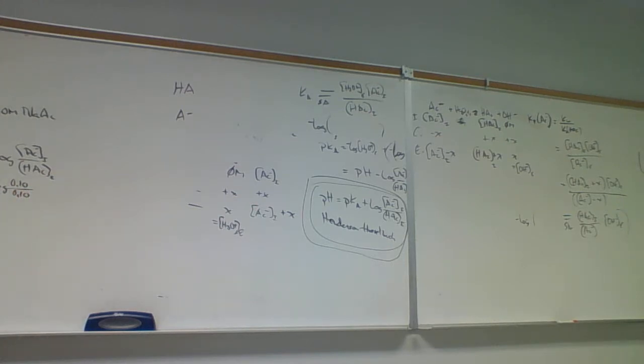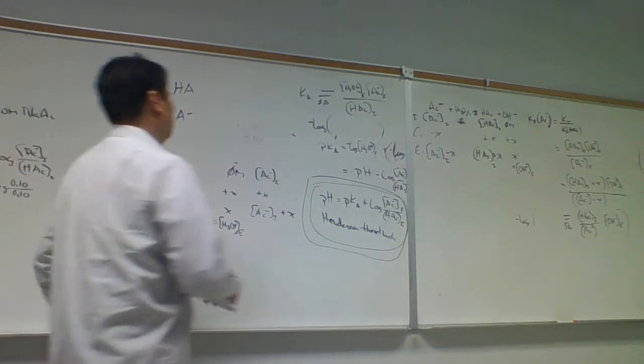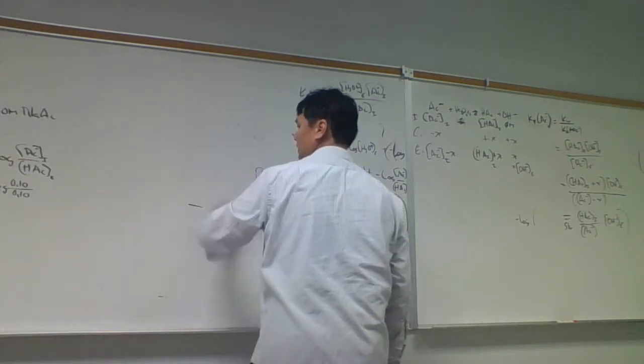Negative log of 1.8 times 10 to the minus 5 is 4.74, plus the log of 1 is 0. This equals 4.74. So that required no ice. We didn't have to do the ice because we're assuming the simplifying assumption works. We didn't do step 2 because we're assuming Kw is a negligible contributor to this. So we can end it there.